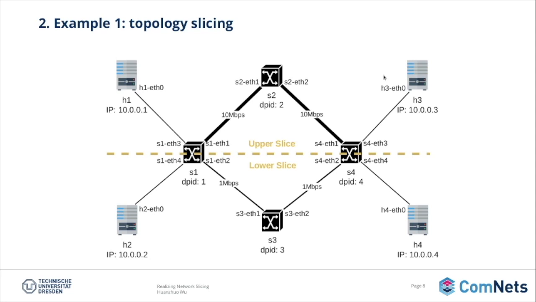In a similar manner, network nodes H2, H4, and also H1, S3, S4 can only be connected to each other in the lower slice. However, it's impossible to send data over other slices. For example, from H1 to H4, it's impossible to send a package between them.